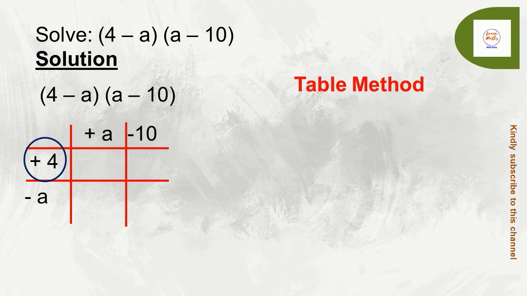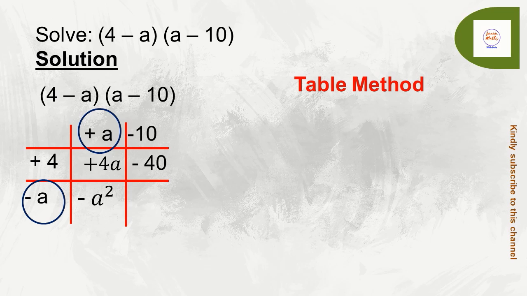So let's multiply plus 4 and plus a together to get plus 4a. Then we have plus 4 and minus 10 to get minus 40. Then we have minus a and plus a to get minus a square, and minus a and minus 10 to get plus 10a. So the next step, write out the numbers in the table.